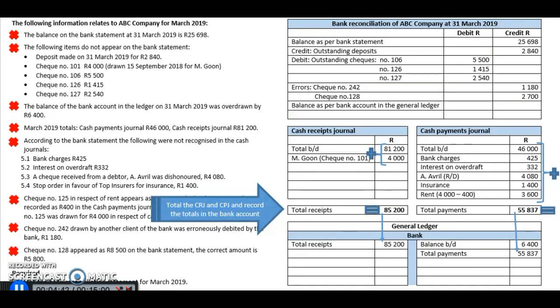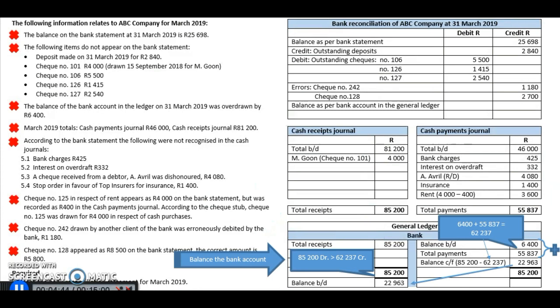Next, balance the bank account. The debit side is greater, so we'll have to balance to the total of the debit side equaling 85,200 rand.